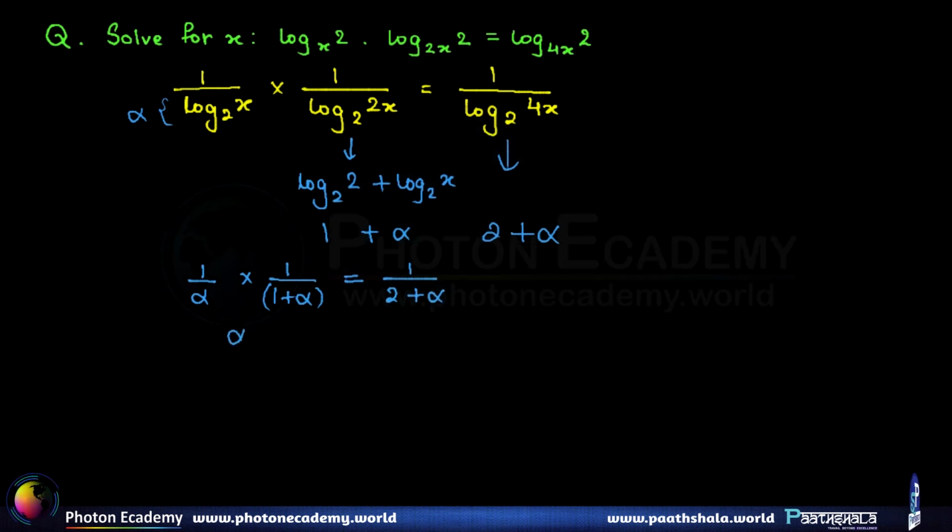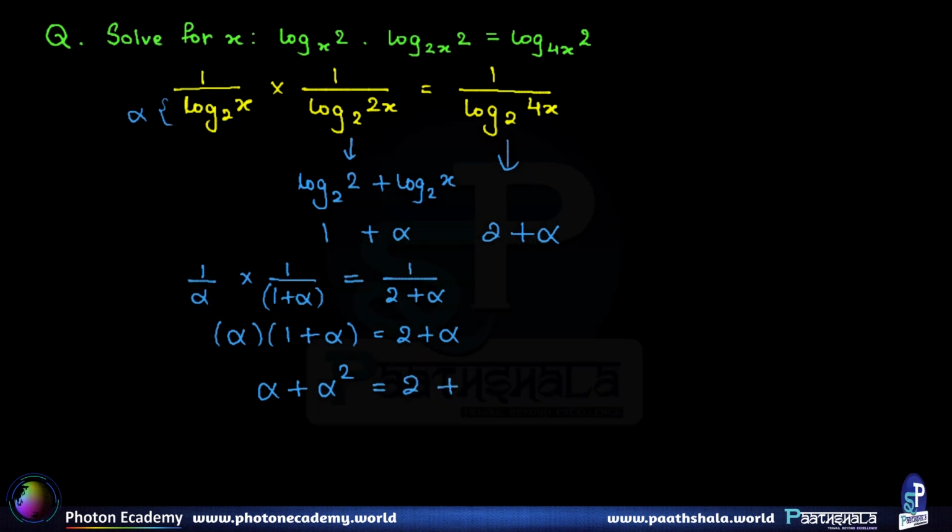So we have alpha into 1 plus alpha is equal to 2 plus alpha. So that is alpha plus alpha square is equal to 2 plus alpha. Alpha square is equal to 2. Therefore, alpha is equal to plus root 2 and minus root 2.